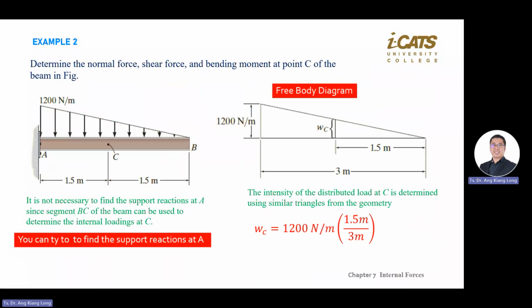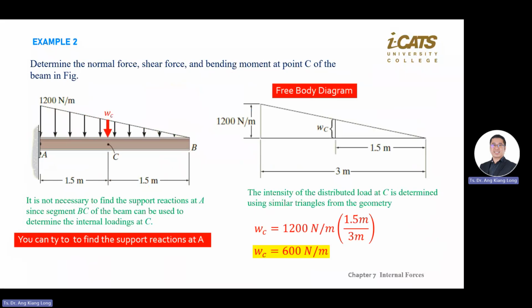At the length of 1.5 meter here, what is the distributed load? You use a ratio: 1200 multiplied by 1.5 divided by 3. Actually half, which is 600 Newton per meter. So at point C you experience 600 Newton per meter distributed load.